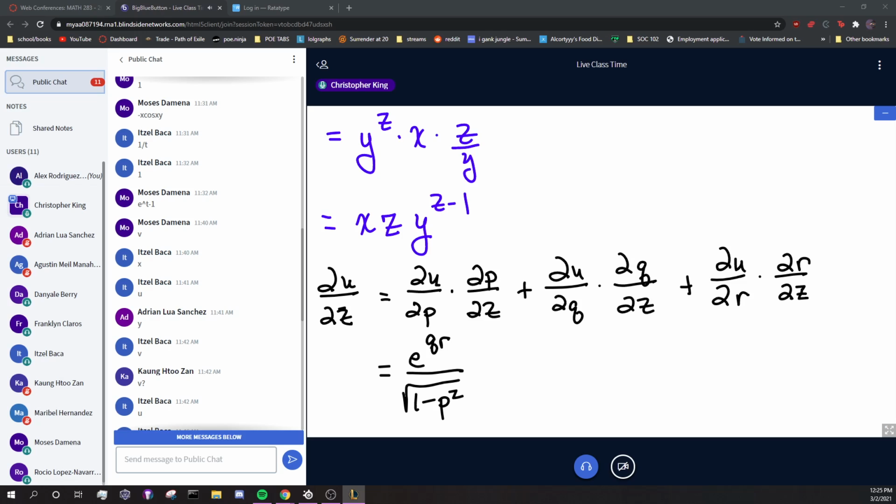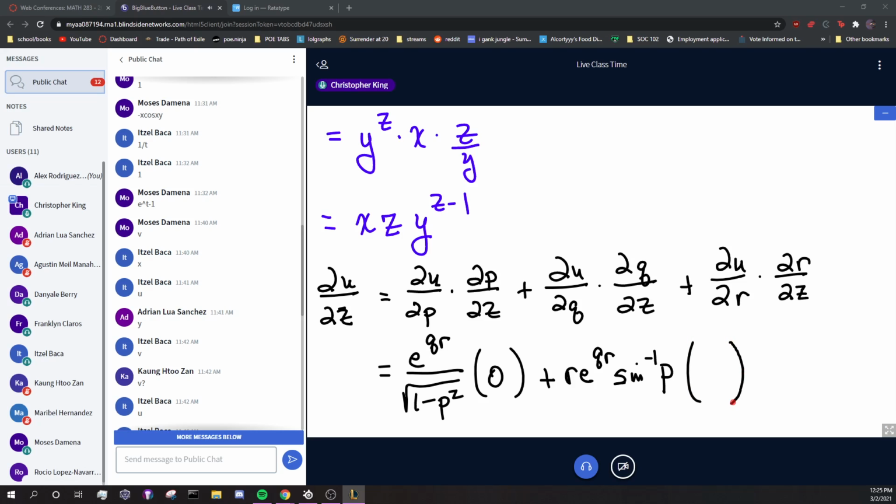Now, if I take the partial of p with respect to z, what will I get? I get 0. Plus, for the second one, we know that one's going to be r times e to the qr times the sine inverse of p.